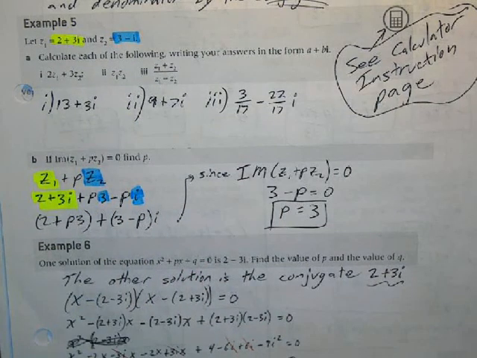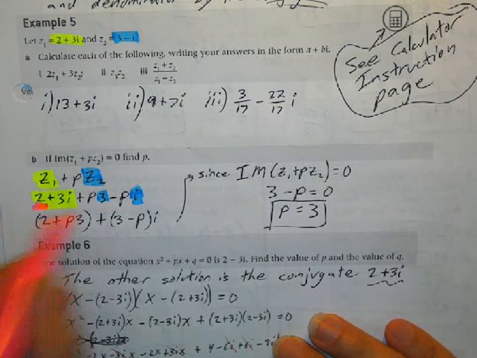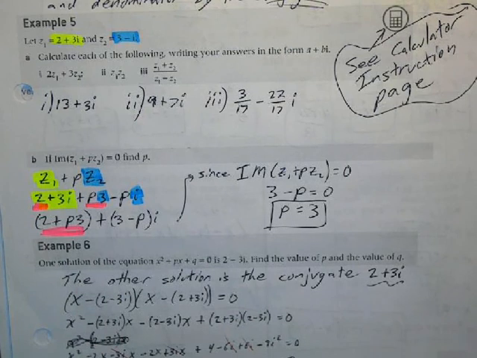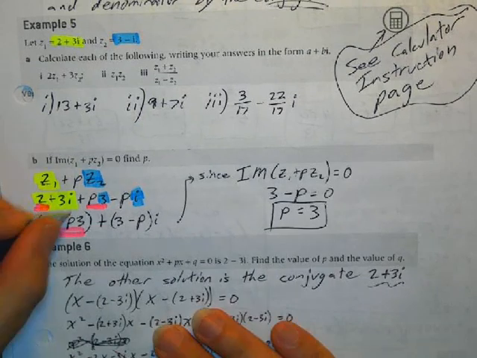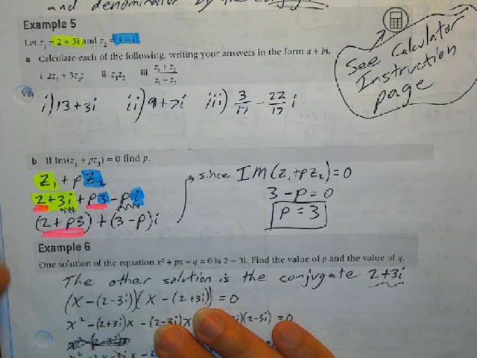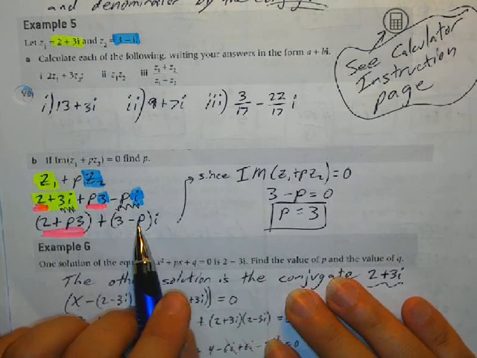Okay, and we're just multiplying P times each of those things. All right, so now we're going to combine our like terms. So we've got the number 2, and we've got P3. So these are our real terms. And then we've got 3i and negative Pi, which simplifies to (3 minus p) times i.